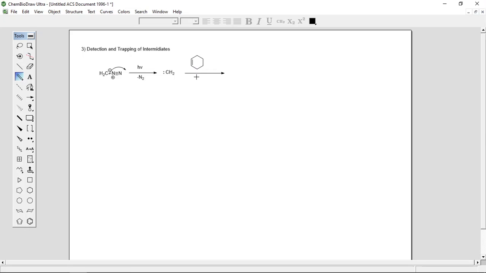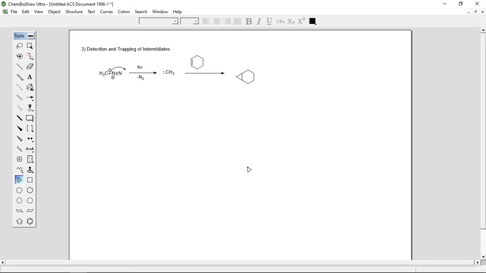So this is cyclohexene, it has this double bond. This CH2 carbene will react with this cyclohexene, and you will get this type of product.